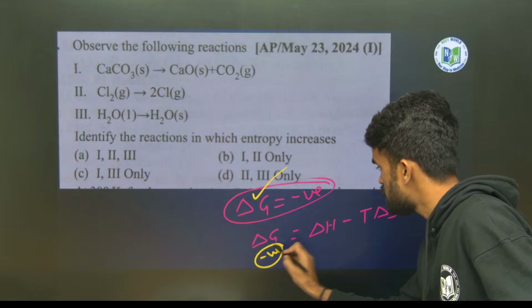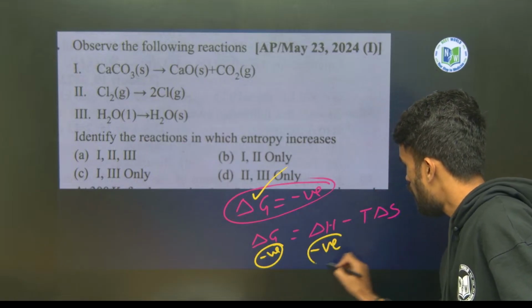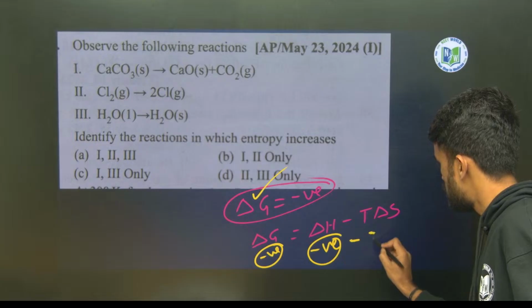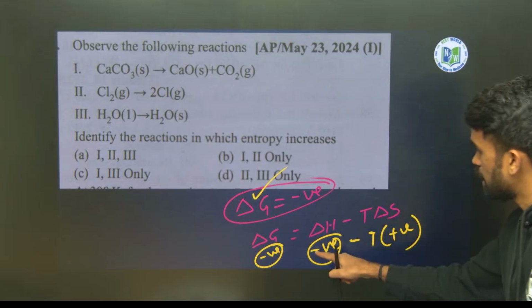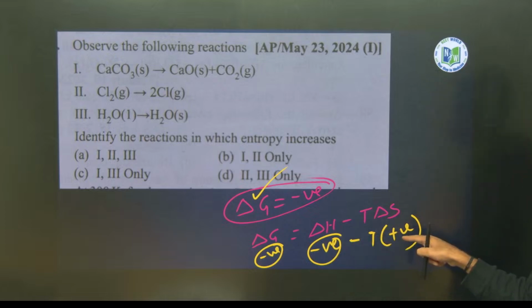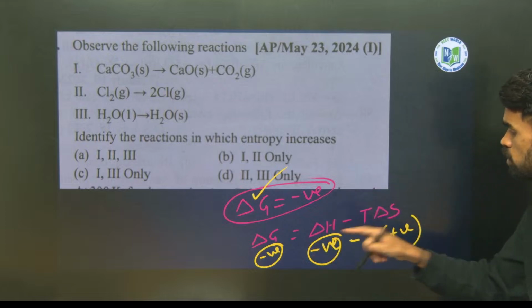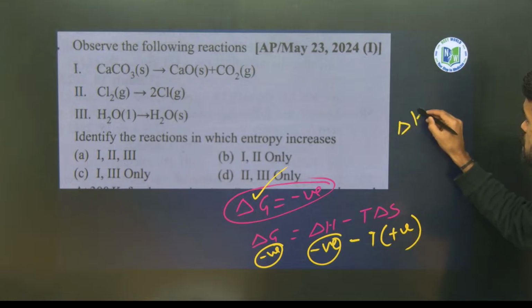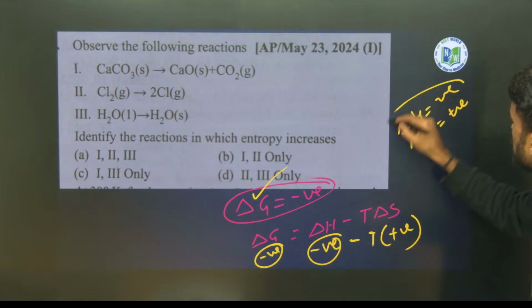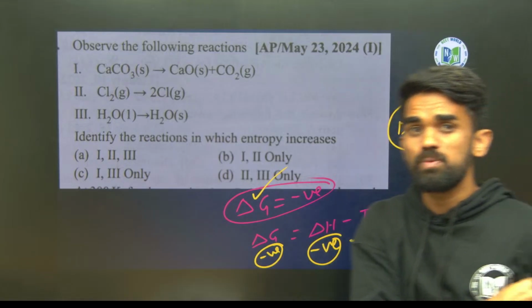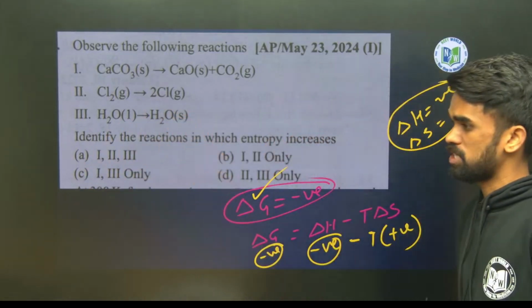I can put delta H negative, and with the negative sign already there, T and delta S positive. The overall term will be negative plus negative, so it is always negative when you have delta H negative and delta S positive. These are the conditions which make this reaction spontaneous at all temperatures and pressures, okay.